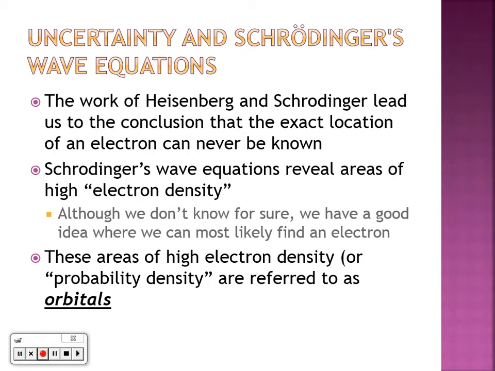Schrodinger's wave equations reveal areas of high electron density or electron probability. Although we don't know for sure, we have a good idea of where we can most likely find an electron. And these areas of high probability are referred to as orbitals.